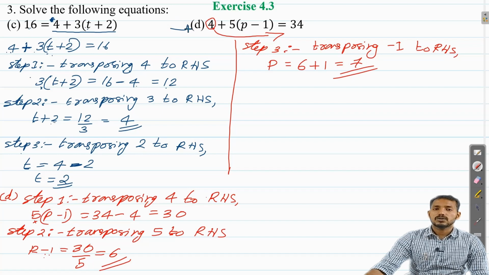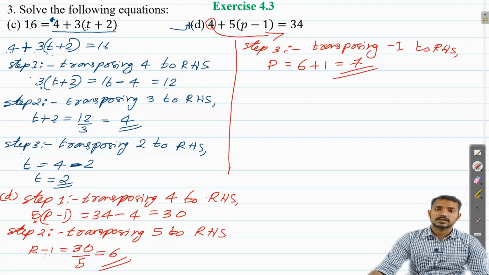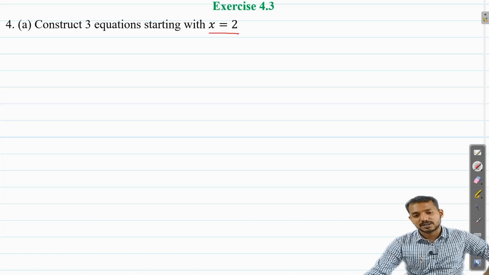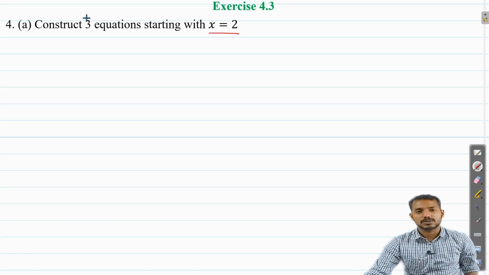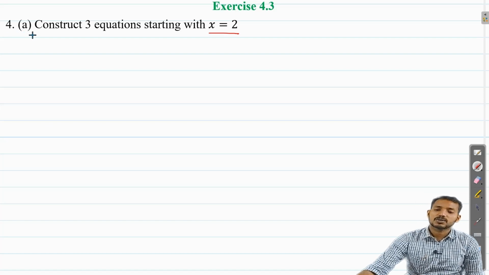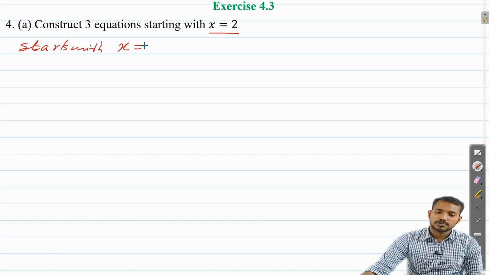Okay, so now we are moving to the last question of this exercise. Here it is, solution is given, that is x equal to 2. We need to construct 3 equations. Okay, option number A I am taking. So we can start with x equal to 2.